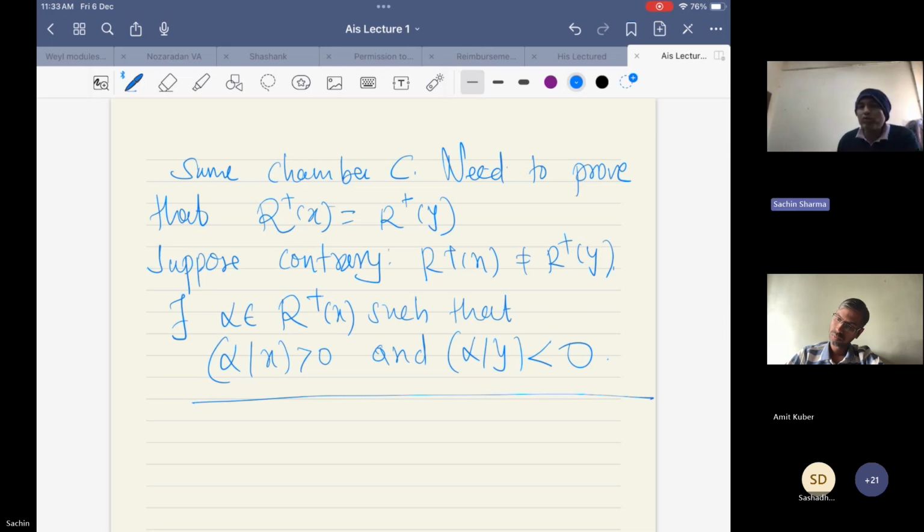What you see here is, let us say, this is a hyperplane alpha. Your x is above and y is below. Now, is it a contradiction? Someone from the audience?